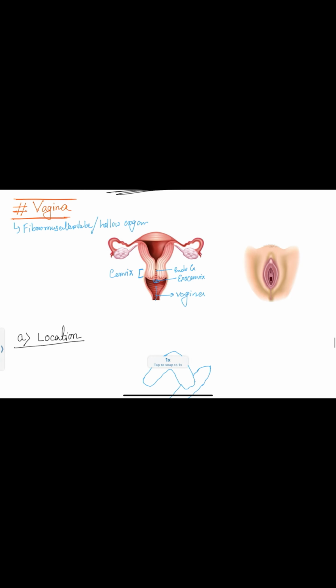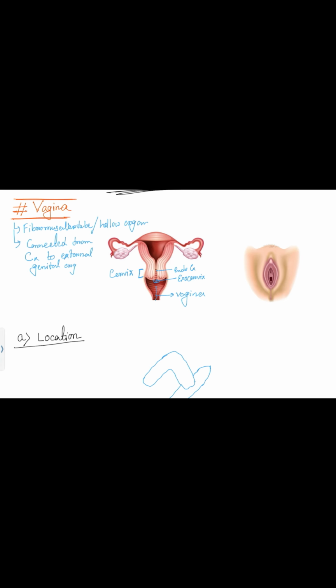If I say from which location to which location this vagina is located, then we can say the vagina is connected from the cervix to the external genital organ.